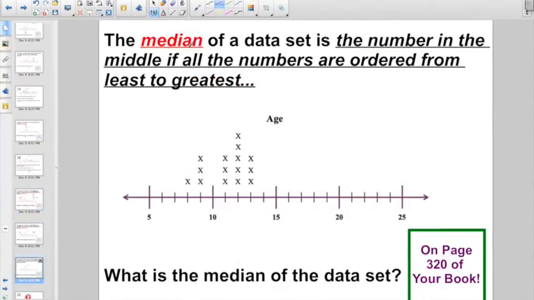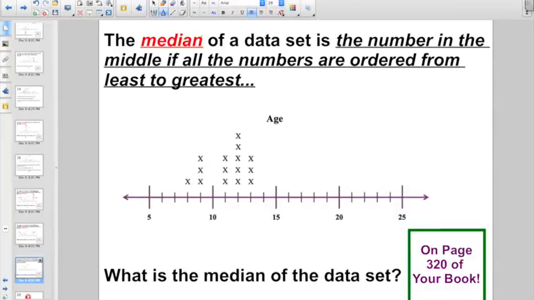All right, let's check out this one. I talk about it a lot with our test scores. The median of a data set is the number in the middle if all the numbers are ordered from least to greatest. That's the tricky part right there. So if they're asking you what the median of the data set is, the first thing we got to do is list all the numbers out in order.